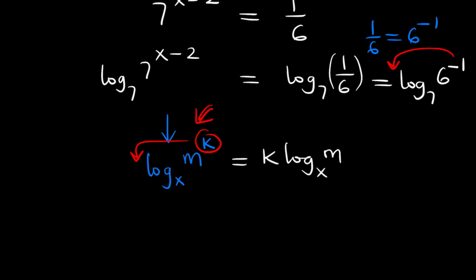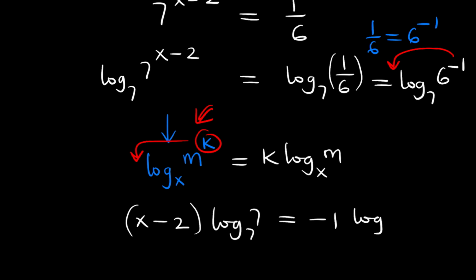We have x minus 2, then log 7 base 7 is equal to negative 1 times log 6 base 7.